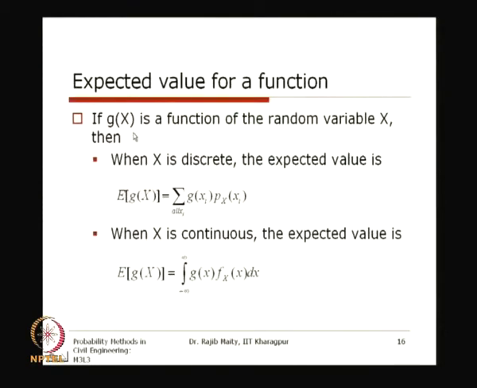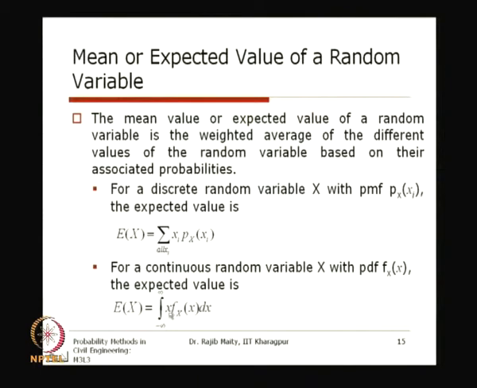As we have seen, when we talk about the expected value of a random variable, we multiply the outcome x by its probability. Now, we can get the expected value of any function of the random variable.